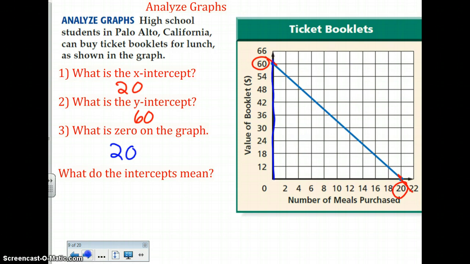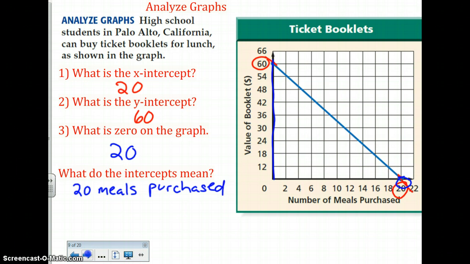What do the intercepts mean? The x-intercept means that we have 20 meals purchased. Okay, that would be the x-intercept.